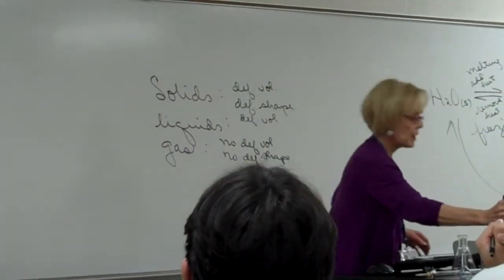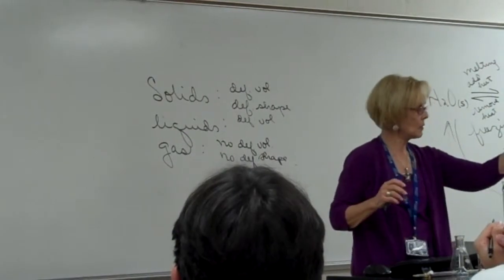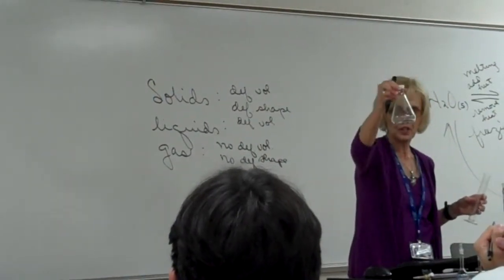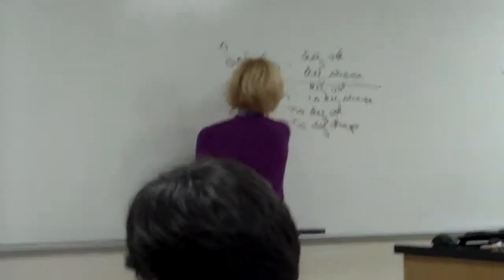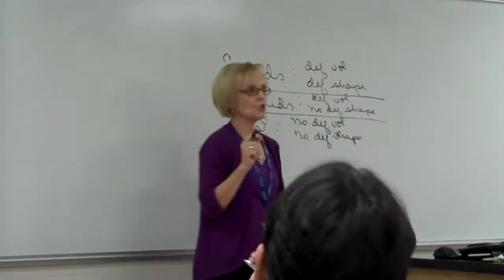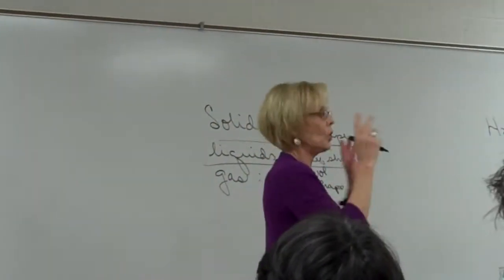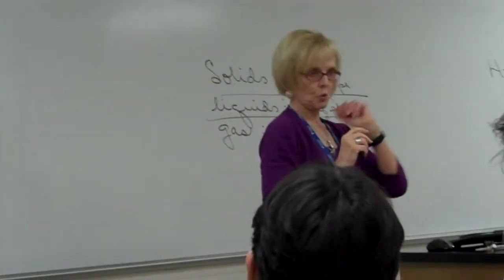If I would take this and pour some of it into here or some of it into here, it's going to take on the shape of the container. So we have no definite shape. And again, I want to stress, I mean the sample as a whole, not the individual particles.